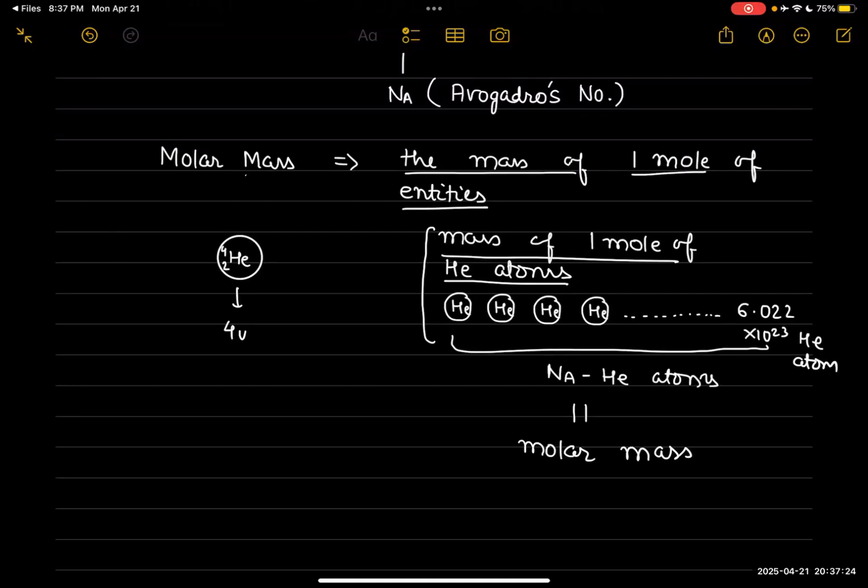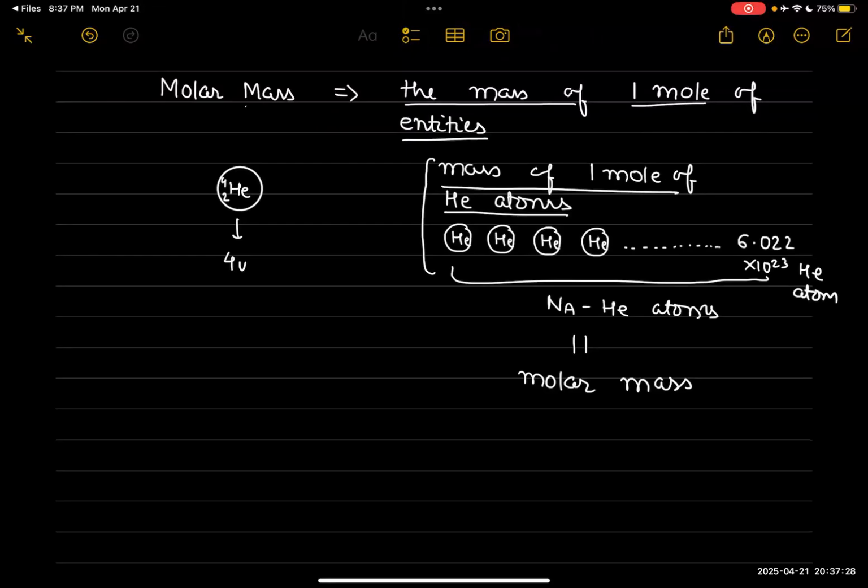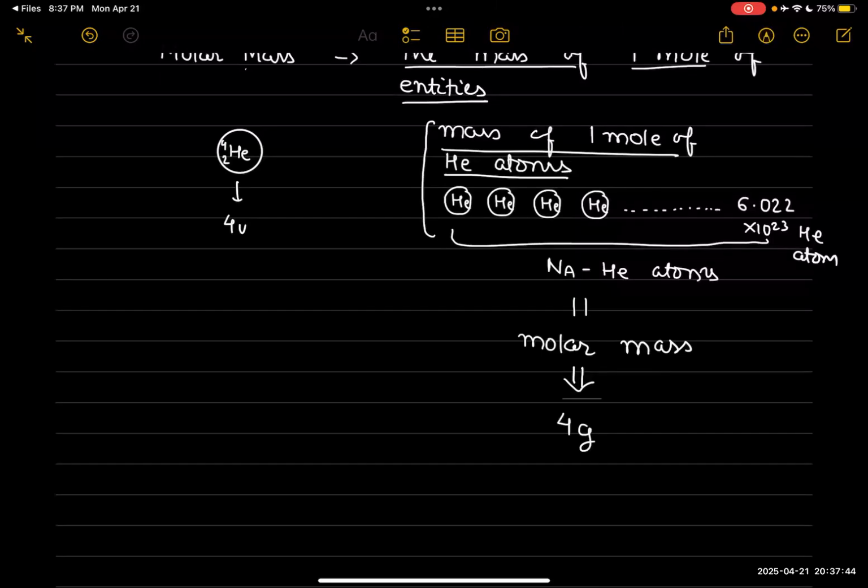Is it clear or not? Yes. It appears very difficult, but it is very easy. Molar mass of helium is again 4, but now the unit has changed, 4 grams. Got it? Earlier the unit was 4U. U was the atomic mass unit used to measure.